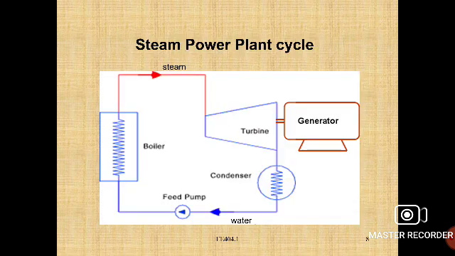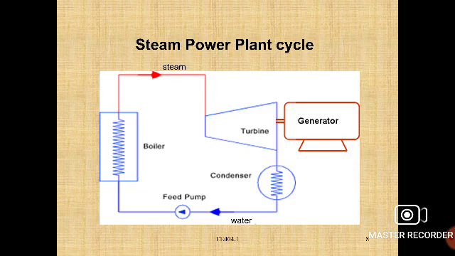So how do steam power plants work? The power is transferred to the turbine, and the turbine is rotated. Next is the condenser, which condenses the water, and then it is pumped again to the boiler.